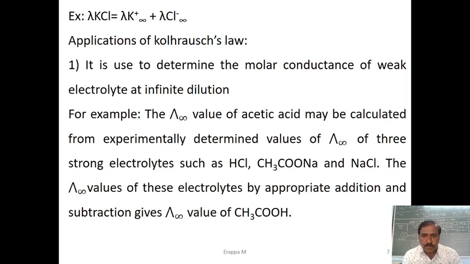In order to determine the equivalent conductance at infinite dilution of a weak electrolyte like acetic acid, you have to choose 3 strong electrolytes with ions in common with acetic acid. The lambda infinity values of these electrolytes, by appropriate addition and subtraction, give the lambda infinity value of acetic acid.